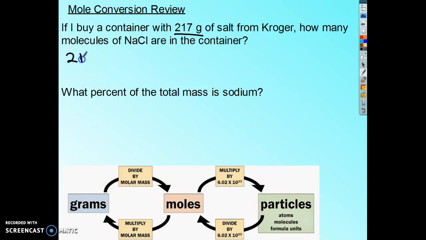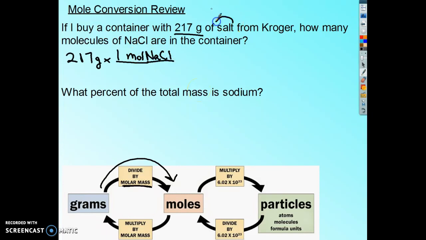So 217 grams, what am I going to need to convert my grams to moles? Well, if we remember, we're going this way from grams to moles, we're going to need to find our molar mass so we can divide by our molar mass. So that means we want to know how many grams are in 1 mole NaCl. We can calculate that pretty easily using their masses from the periodic table.